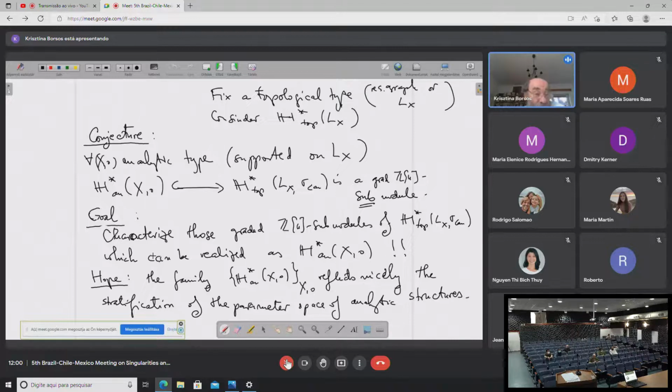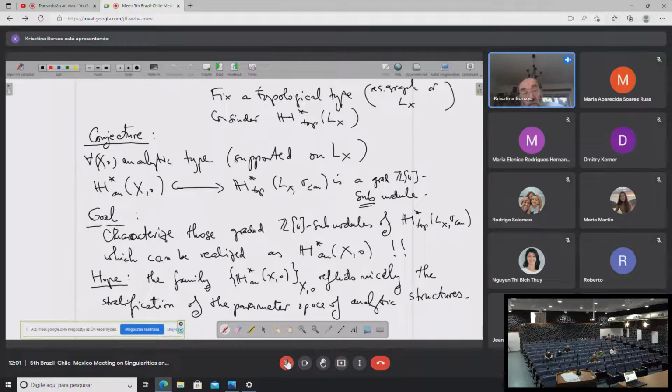And that would be a goal, to characterize, using singularity theory, all those Z[U] submodules which can appear as analytic graded Z[U] modules, analytic lattice cohomologies.